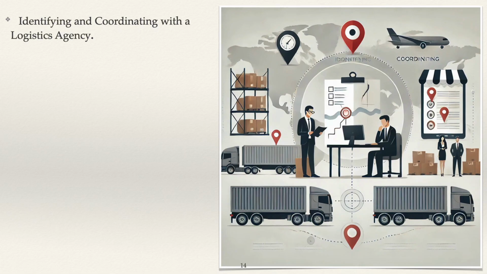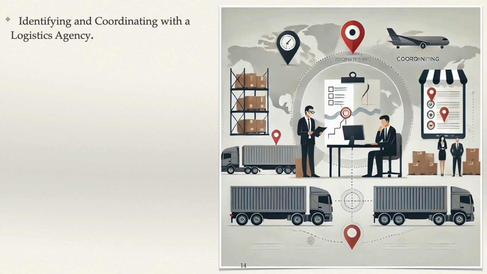Assessment of capabilities: ensure the logistics agency has the necessary capabilities to handle specific project requirements such as cranes, low-bed trailers for oversized loads, secure containers for sensitive materials, and a fleet of vehicles for regular transportation needs.